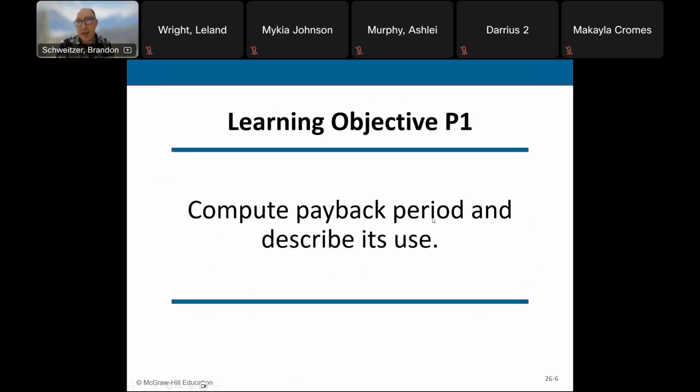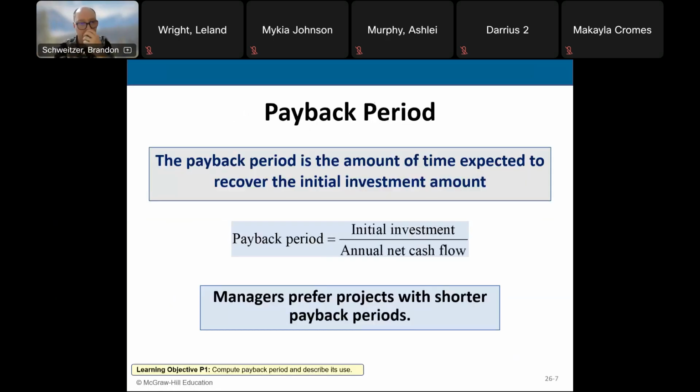Now, when I make a decision to make that investment, I want to figure out how long it's going to take me to recover my investment amount, to recover that initial investment. We call that the payback period. How long it's going to take to recover the initial investment amount.